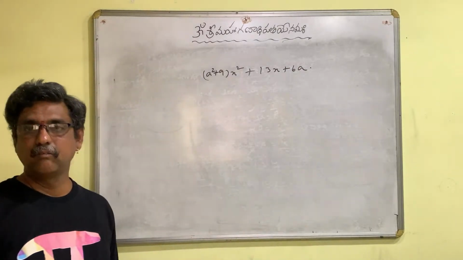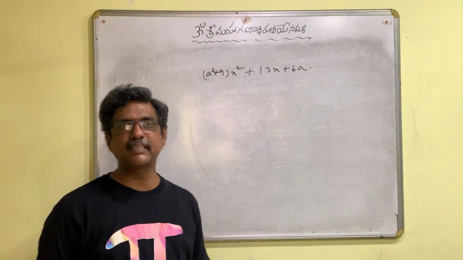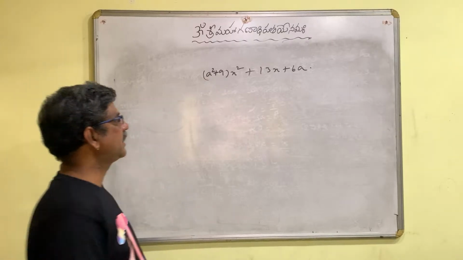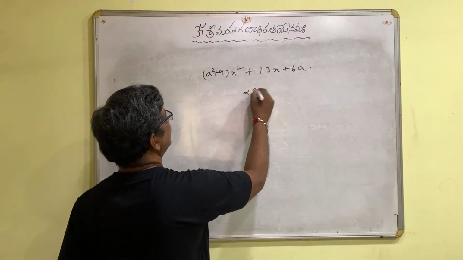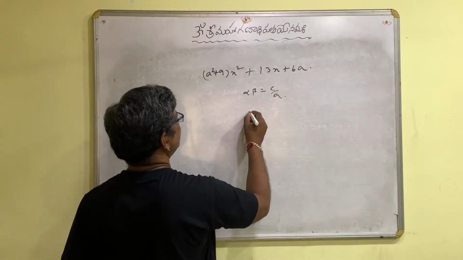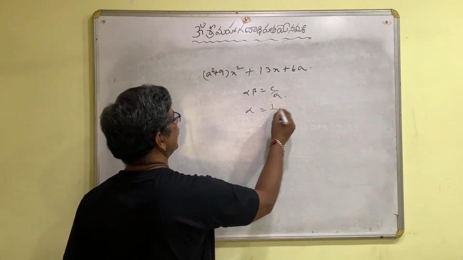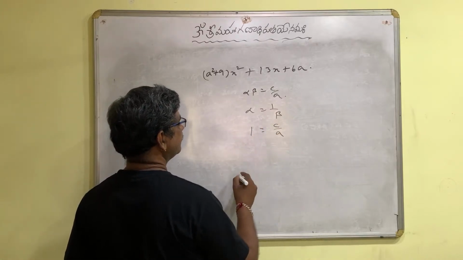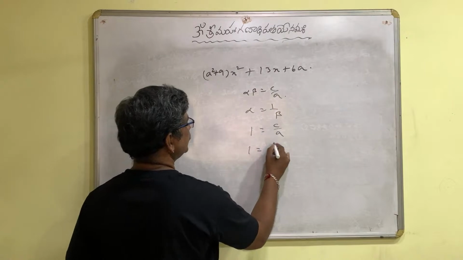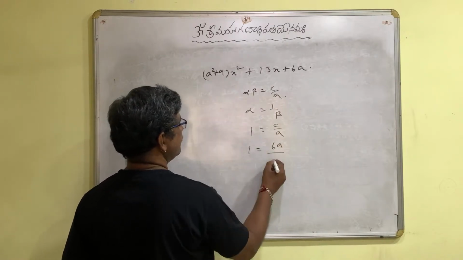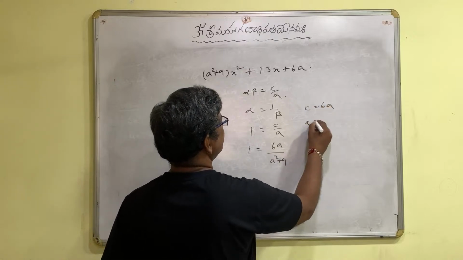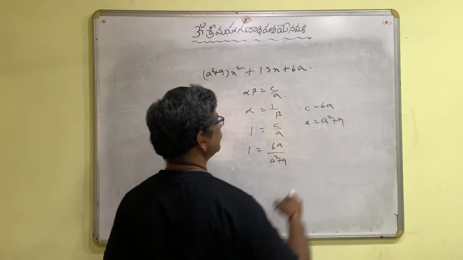Same. For this problem also, one zero is the reciprocal of the other. And here also alpha beta is c by a. Given alpha is 1 by beta, that means 1 is equal to c by a. c is 6a, and a is a square plus 9.